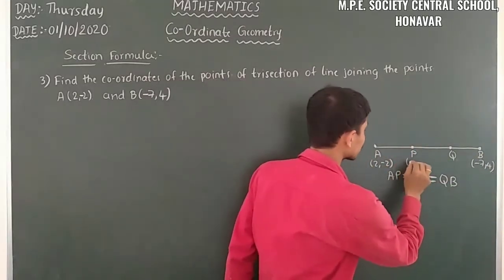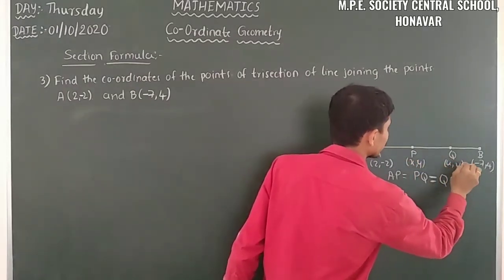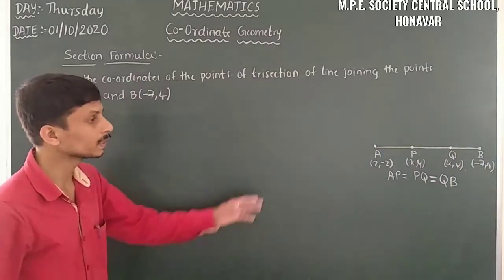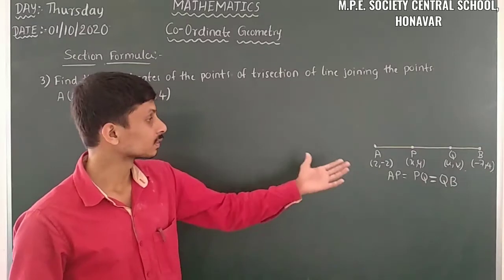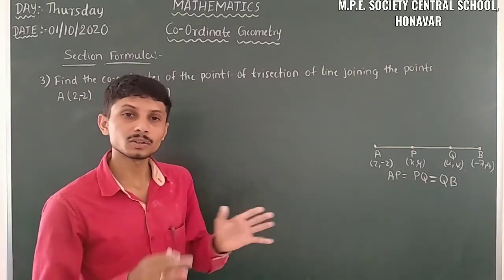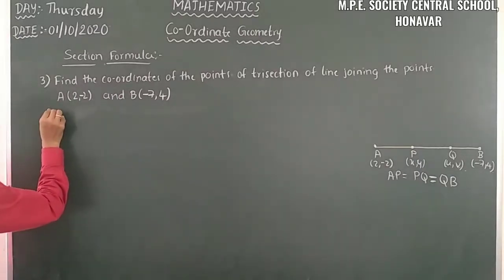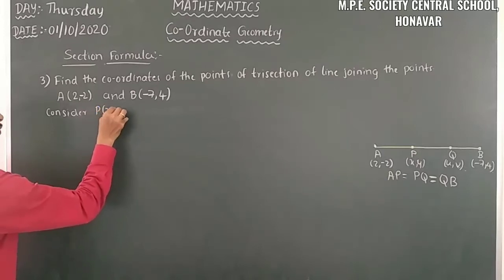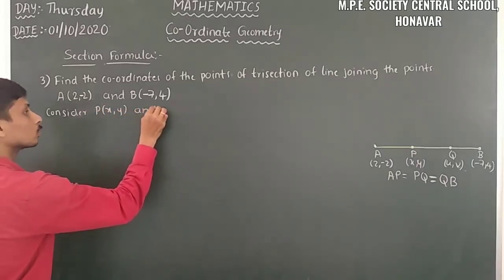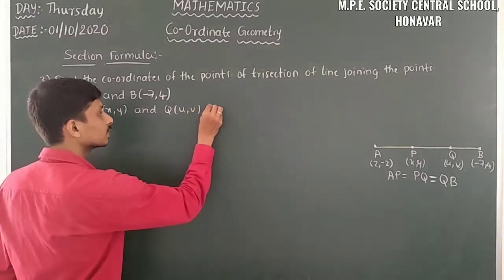I will take these as x, y and here as u, v. So let us consider P(x, y) and Q(u, v) divide the line AB into three equal parts.